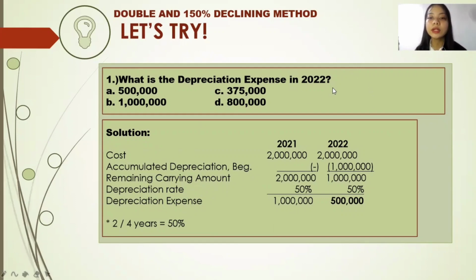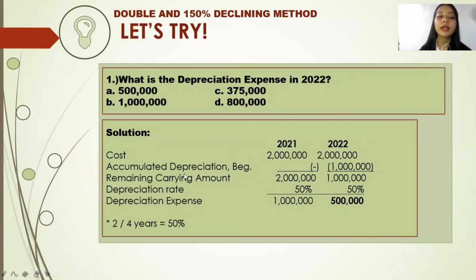Tinatanong dito is 2022. Kunin muna natin yung depreciation expense ng 2021. Yung cost, 2 million less accumulated depreciation beginning. Wala pa tayo kasi ito yung umpisa natin, 2021, so wala pa tayong beginning.